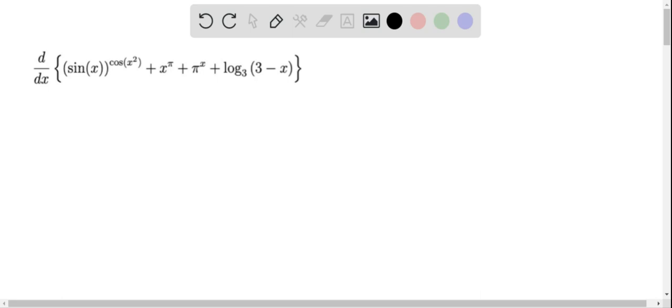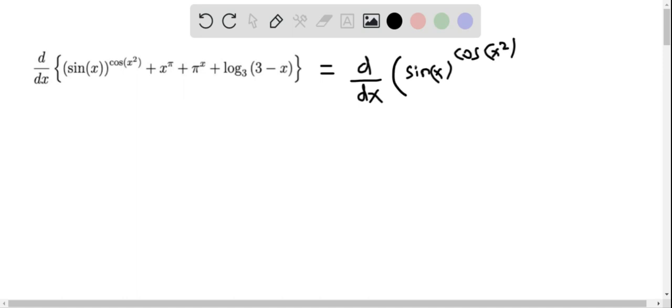Here we can apply the sum rule of derivatives, and so we can write this as the derivative of each of the terms, that is d by dx of sin x raised to the power of cos of x squared.